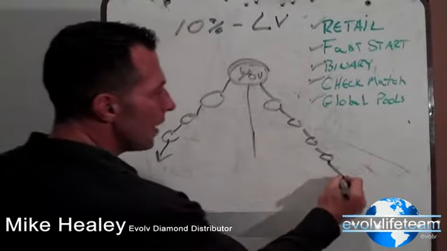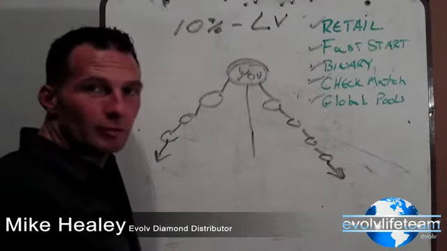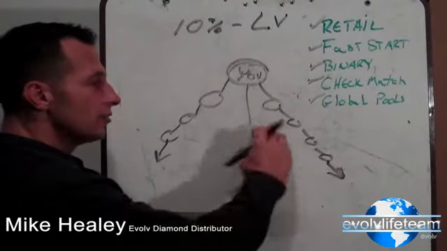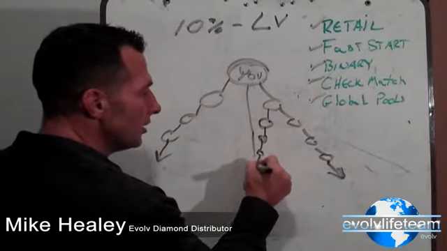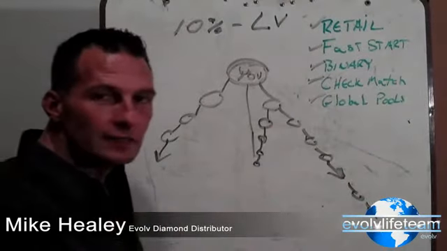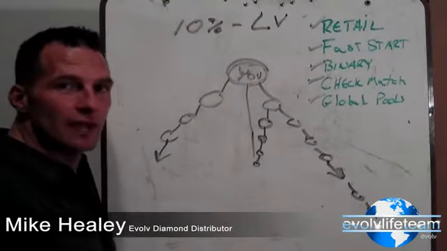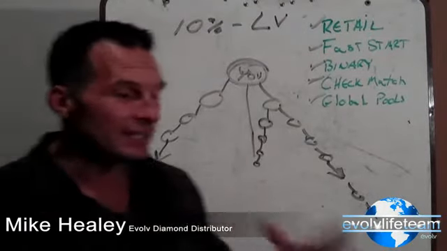Because if you're constantly driving the depth, it literally forces people to look at their business in fact, and you're setting people up. And if we teach this guy to do the same thing, drive people deep here and drive people deep here, we're all working together simultaneously to build this as fast as we can, and all that volume comes up. So hopefully I didn't confuse you too much.